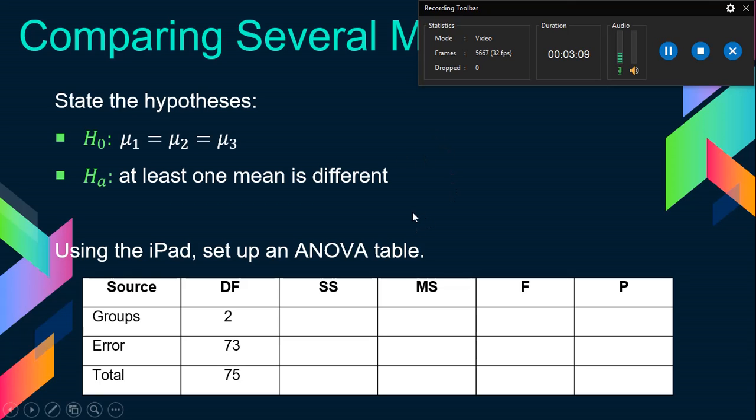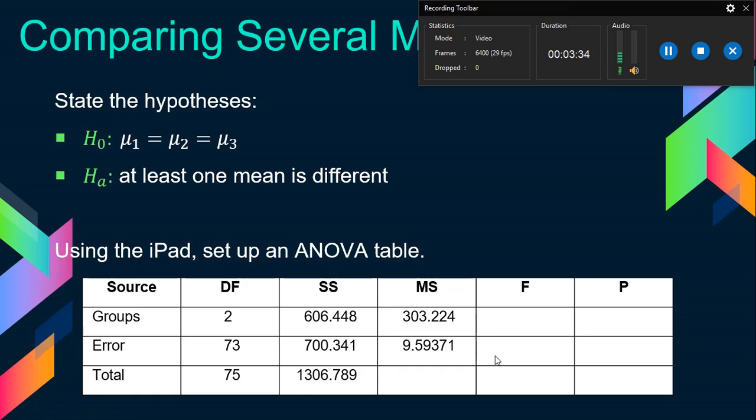Now from the iPad, we're going to pull the sum of the squares for the group, and then the sum of the squares for the error. Now the total isn't listed, but I'm going to go ahead and total this column. Again, from the iPad, the mean square for the groups and the mean square error.